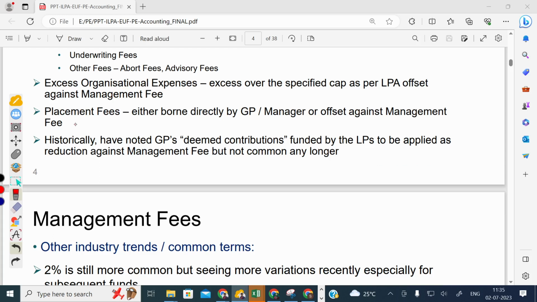Here you might see placement fees where the general partner will send it or offset it against the management fees, or with other funds you might see placement fees recorded and processed separately. So you cannot surely say anything as such. Those are the ifs and buts.